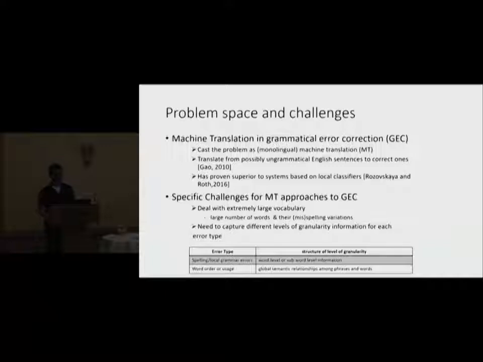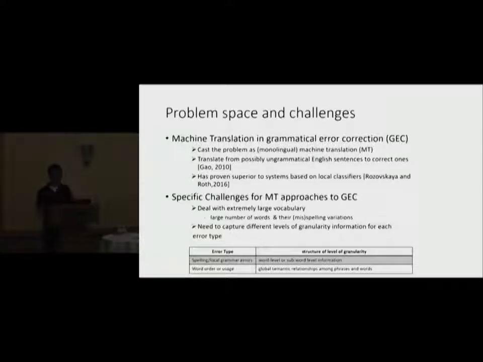However, the specific challenges with the MT approach are, mainly, first, an extremely large vocabulary is needed, especially with the large number of words in languages, and also the corresponding alteration. The second is to capture different levels of information for different kinds of errors.